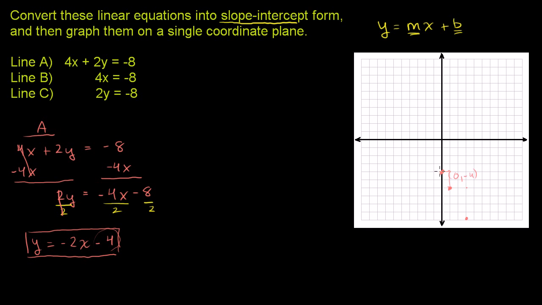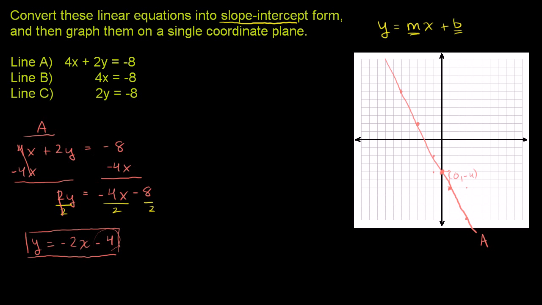If I go back -1, so if I go in the x direction -1, that means in the y direction I go +2, because 2 divided by -1 is still -2. If I go back 2, I'm going to go up 4. So this line is going to look like this. Do my best to draw it. That's a decent job. That is line A right there.